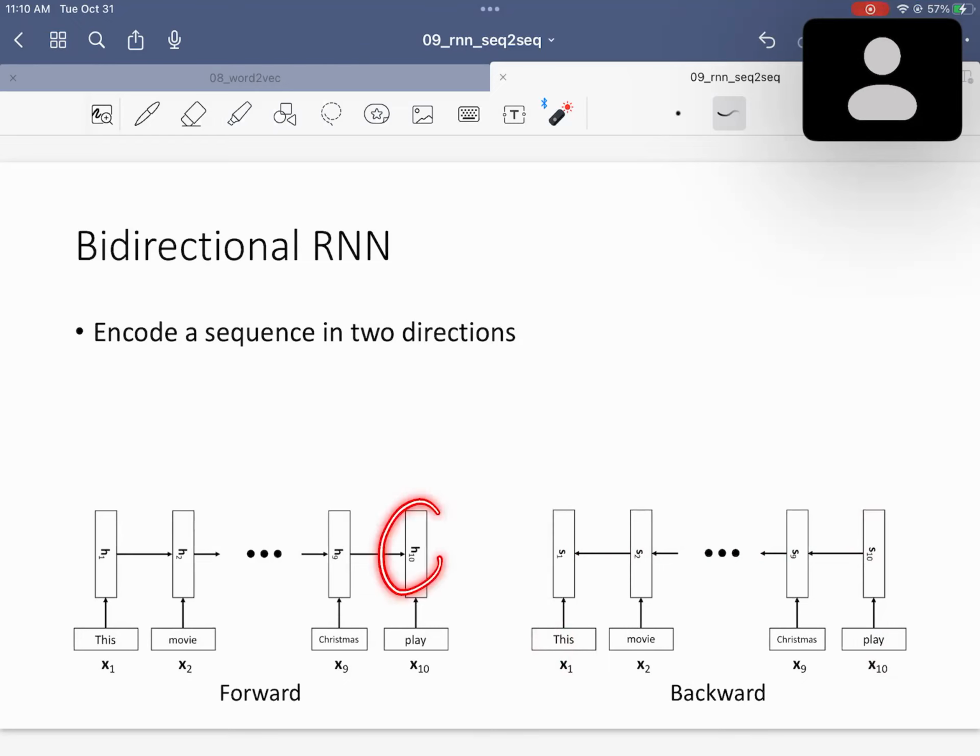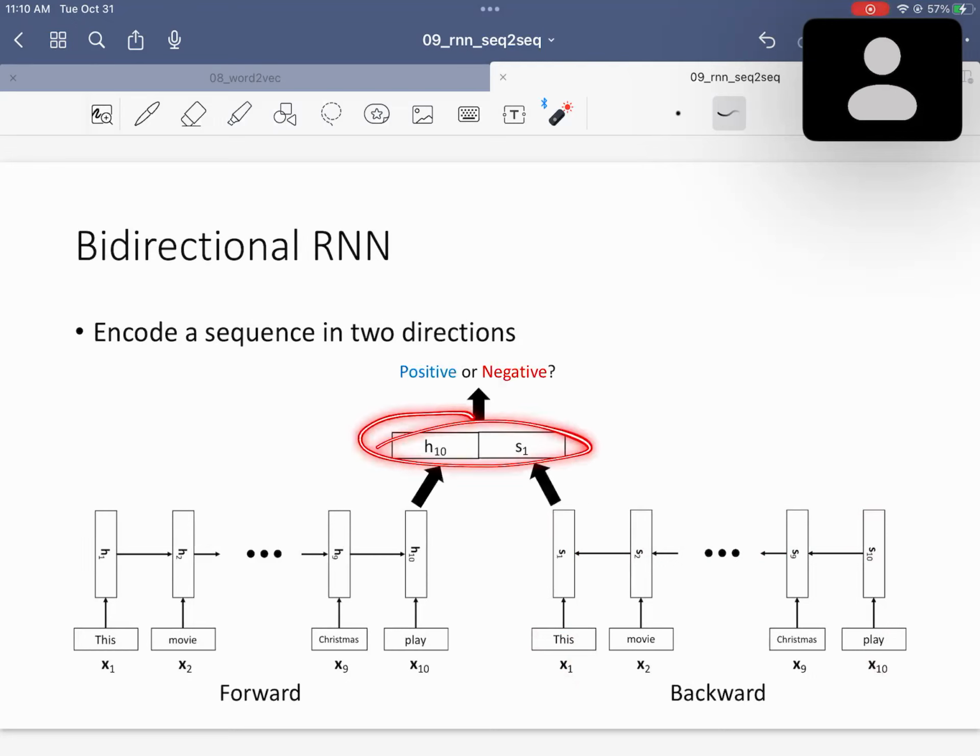If you use H10 and S1 and concatenate them, then H10 will be able to remember important information from the latter half of the sequence, and S1 will be able to remember important stuff from the former half of the sequence.